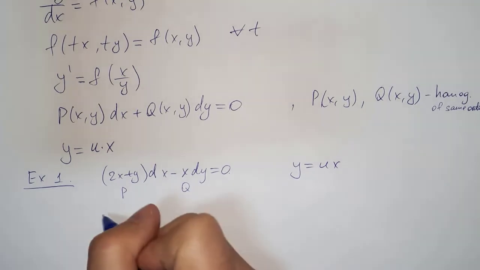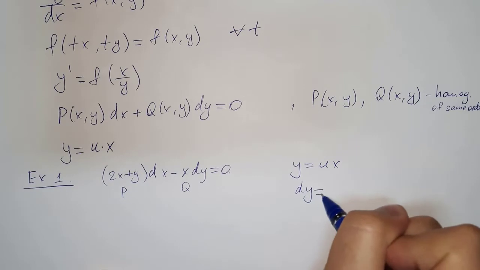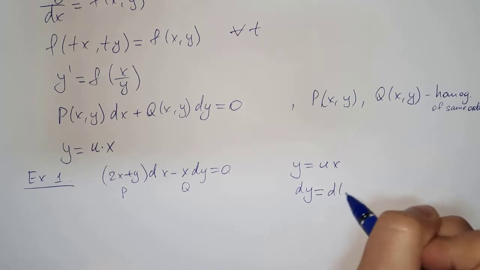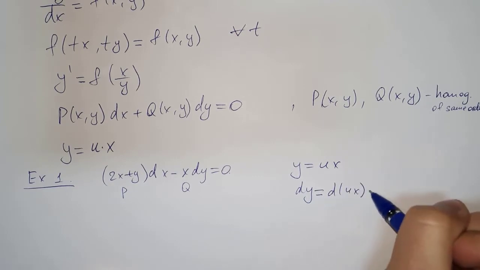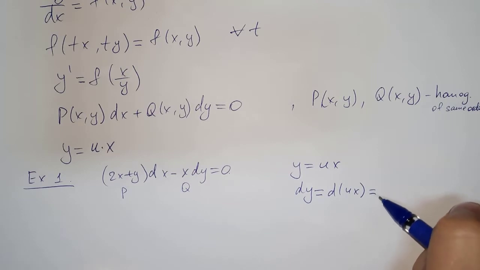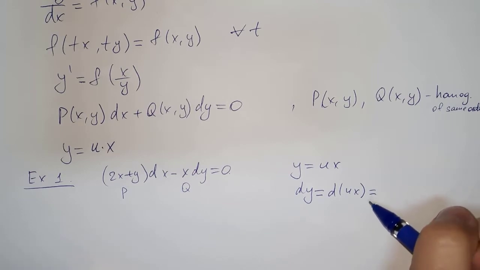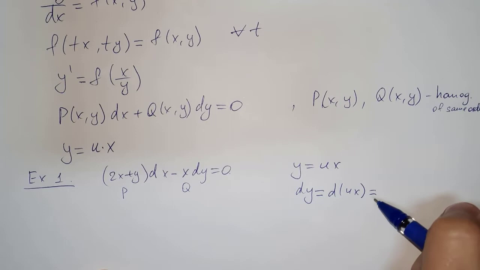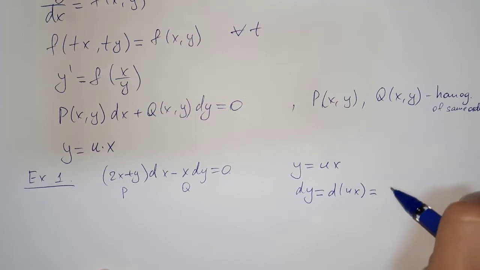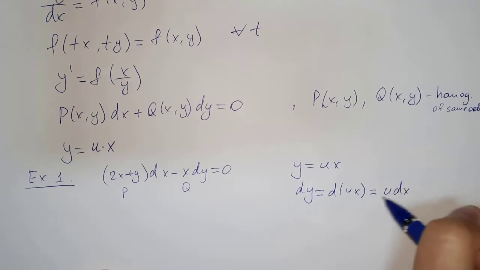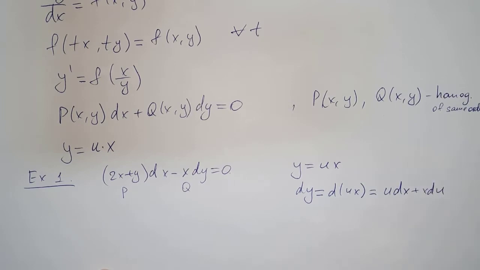Now dy is d of ux. Let's take the differential of this ux. However, I said u is a function depending on x. Here we'll get u dx plus x du, from the product rule, u times x.